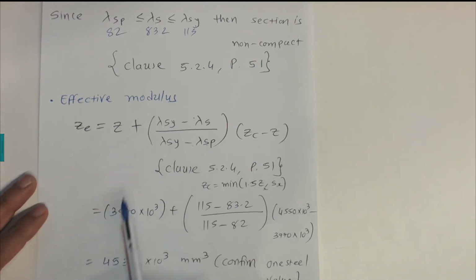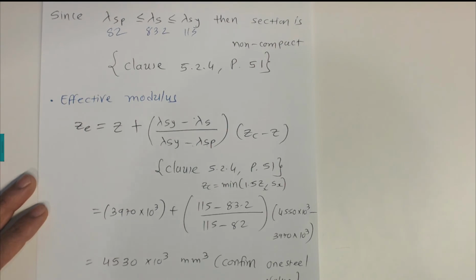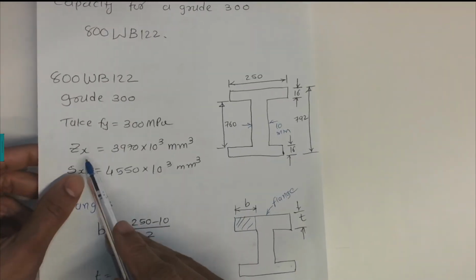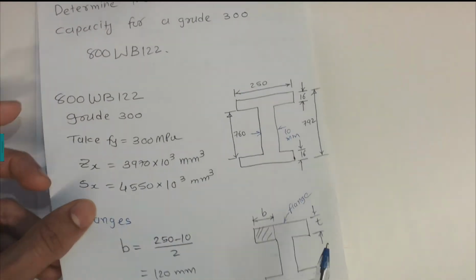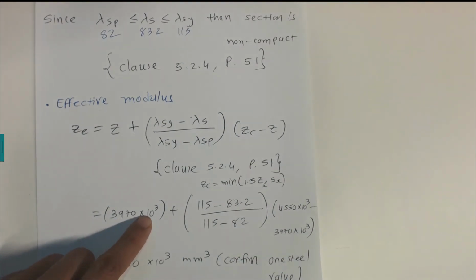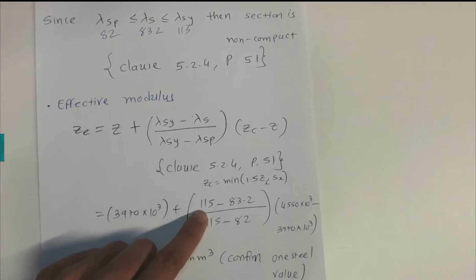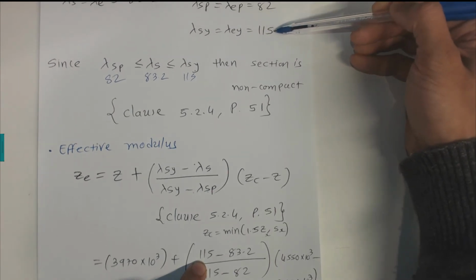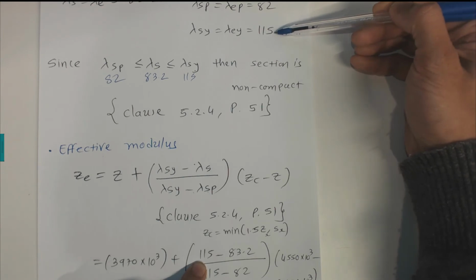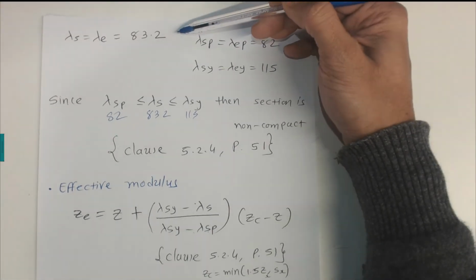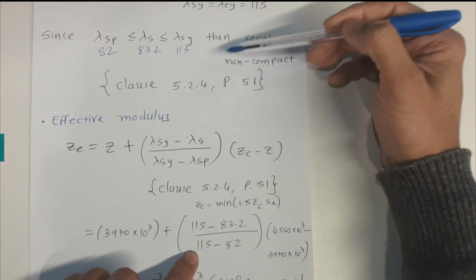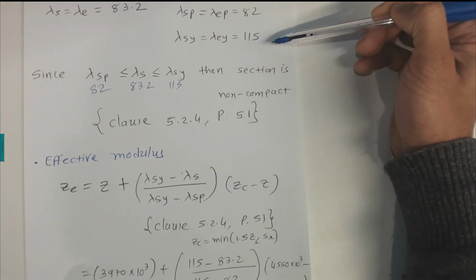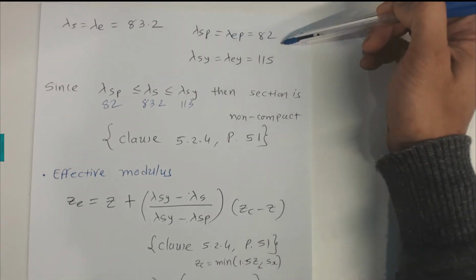So we substitute the Z value, 3970 times 10 to the power 3. At the start we recorded that ZX value from the OneSteel tables, that is 3970 times 10 to the power 3. Lambda SY, taken from Table 5.2, is 115. Lambda S we calculated 83.2, lambda SY is 115, and 82 is lambda SP.